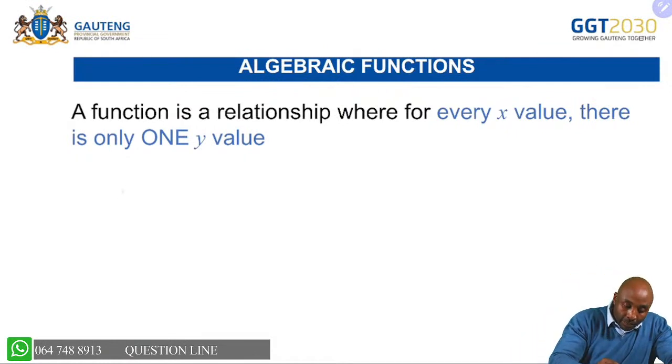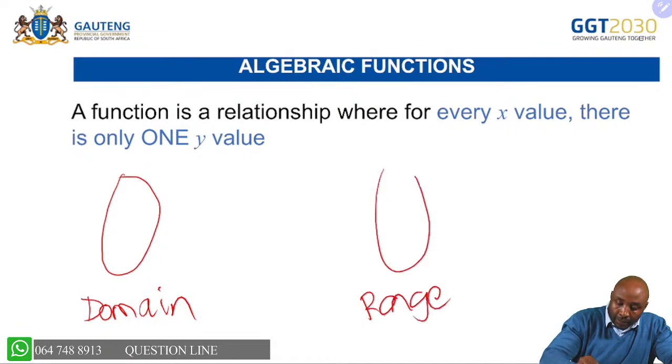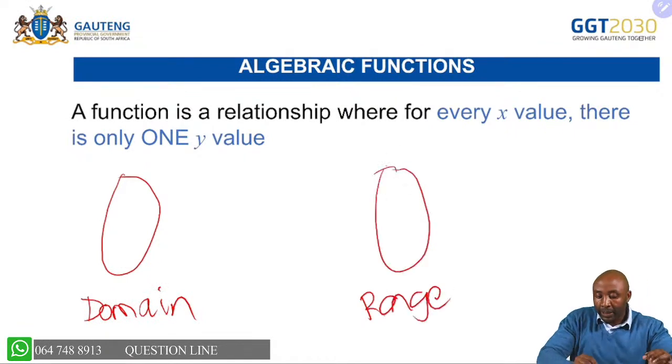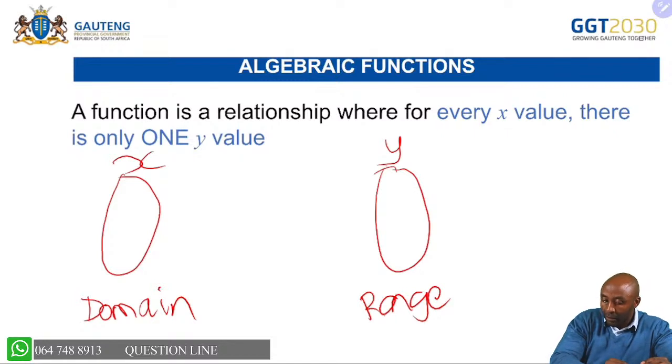This is the example that I will give. We will have our domain, and we also have our range. Diagrammatically represented, I will have my x values this side and the range becomes my y values.